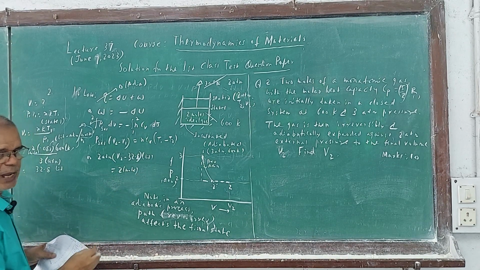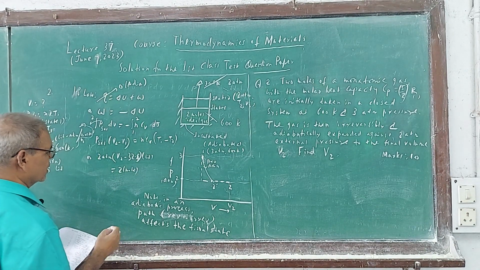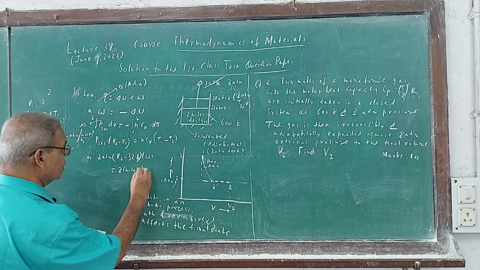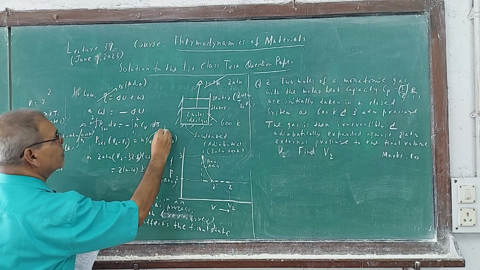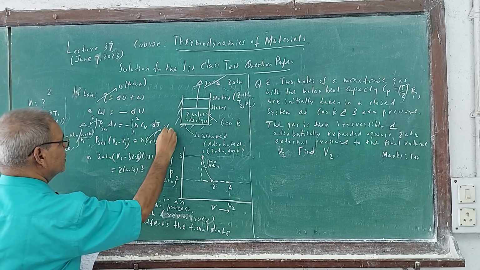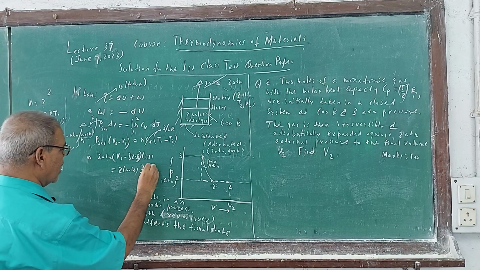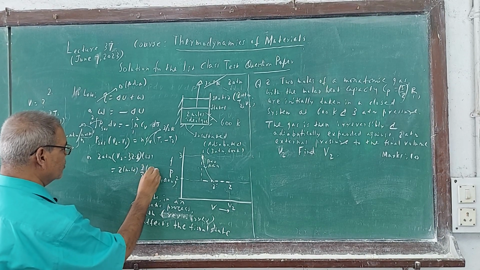Cv is what? The gas is monatomic, so Cv is 3 by 2 R, with R equal to 0.082.